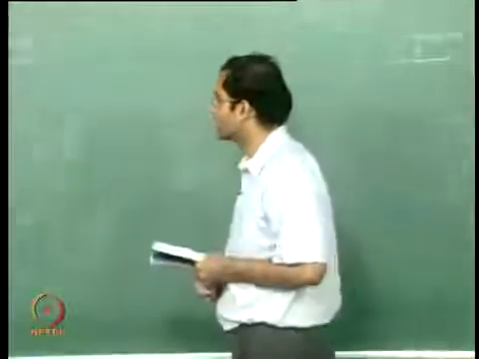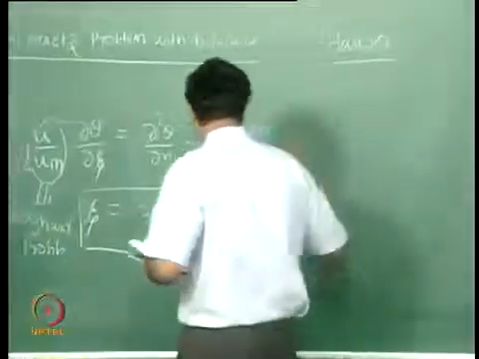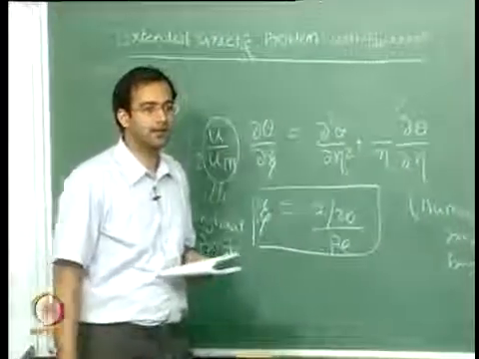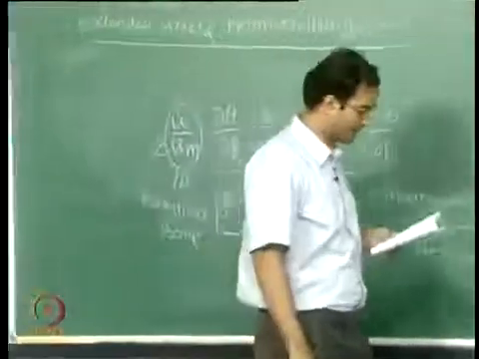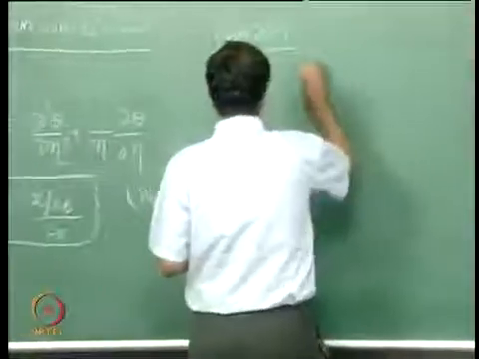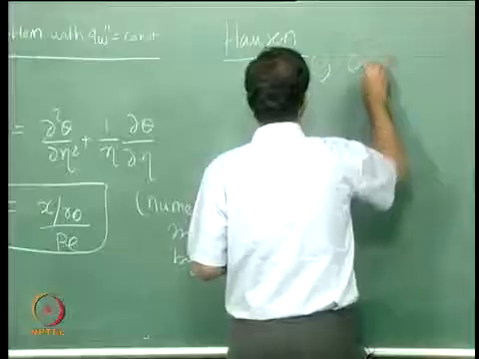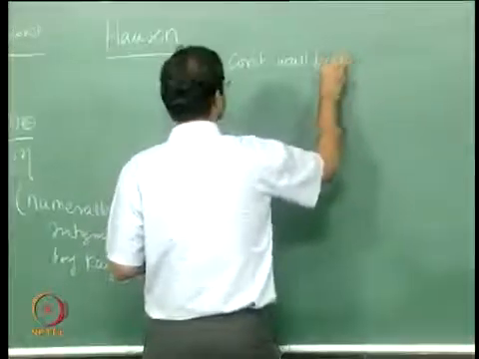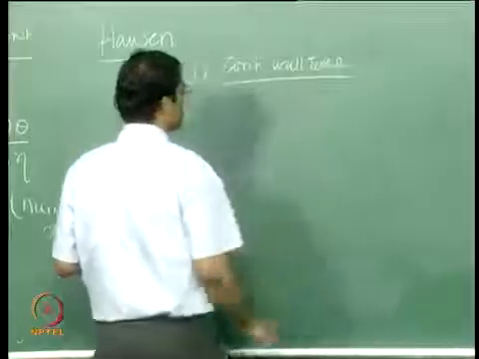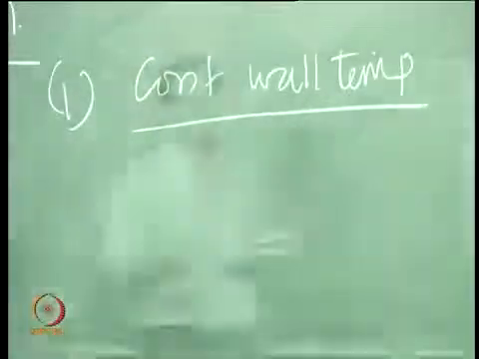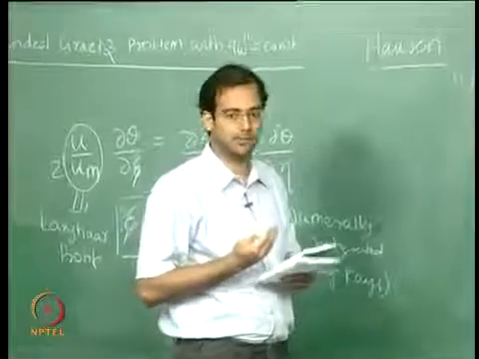Okay, so Hausen took the profiles which were obtained by Case, and finally cast them into a simpler form for different boundary conditions. The first case was the constant wall temperature. All these were from using the Langer velocity profiles, so they are still not the most accurate but reasonable.